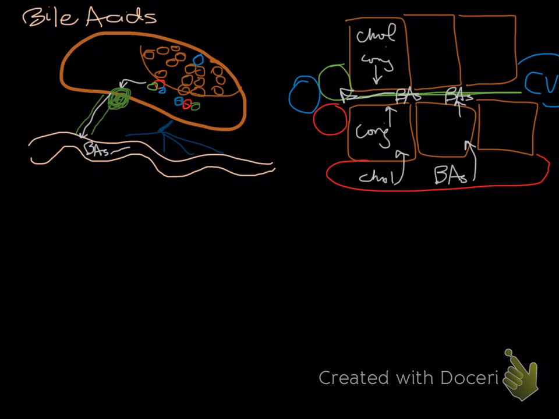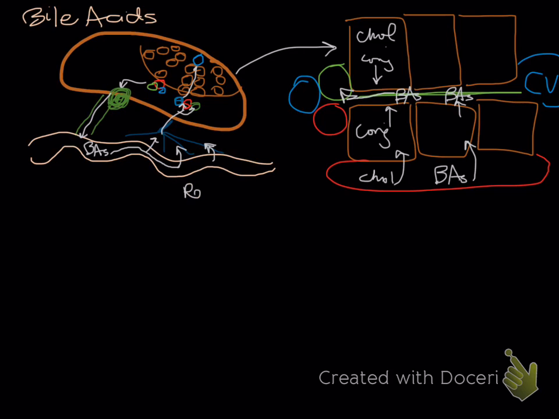So bile acids wind up in your intestine, and then the portal vein, via the splanchnic blood vessels, takes up all of those bile acids. They go back to the liver, are taken up again from the blood, and then they get secreted, and that whole cycle starts over again.